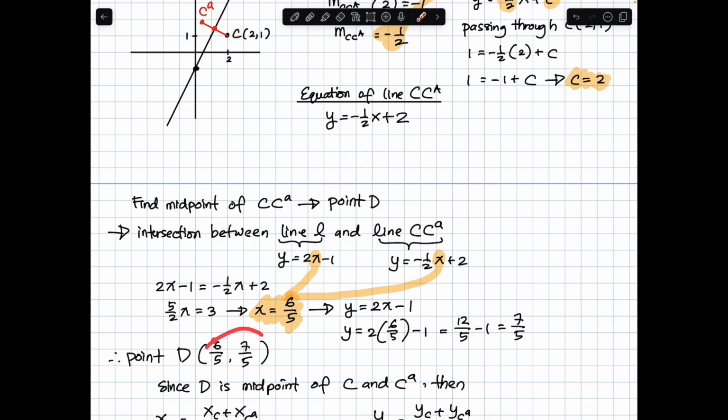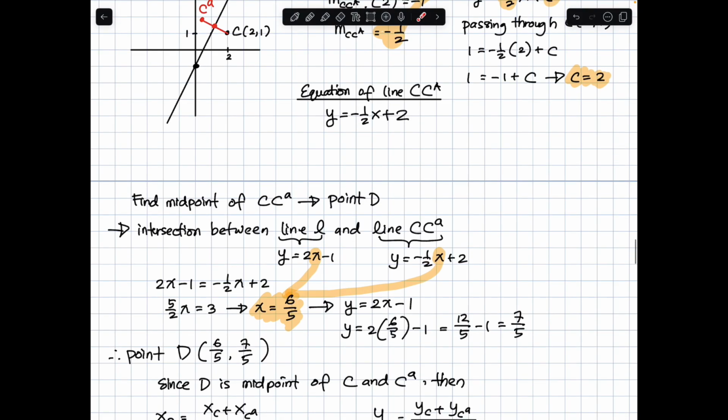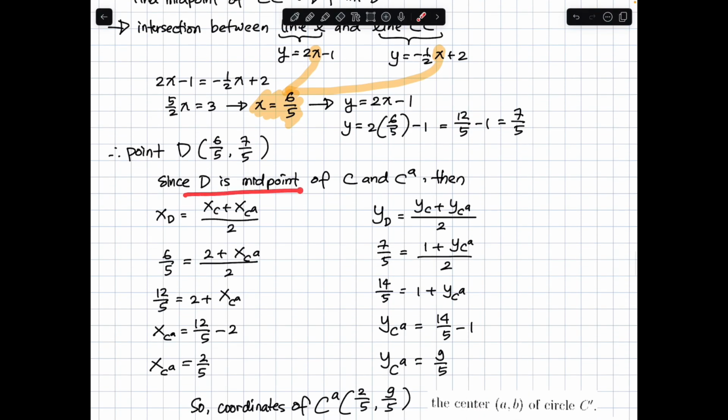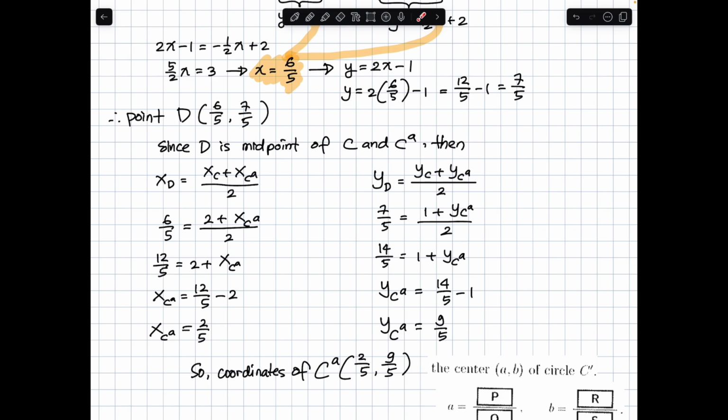D is the midpoint, but they ask not about point D, they ask about point CA. Like what I informed before, the point D is the midpoint of C and CA. So for the midpoint, the abscissa of point D is equal to this one, and the ordinate of point D is equal to this one. We already know all information. This is XD and this is YD. We also already know about point C, right? 2, 1 here.